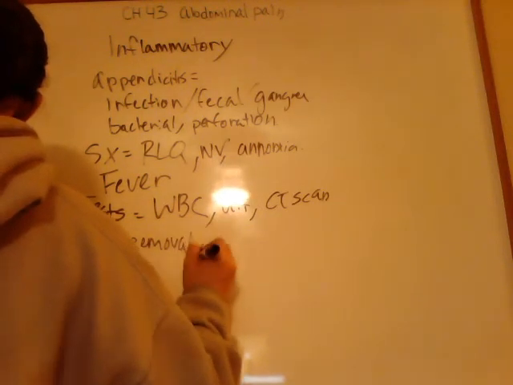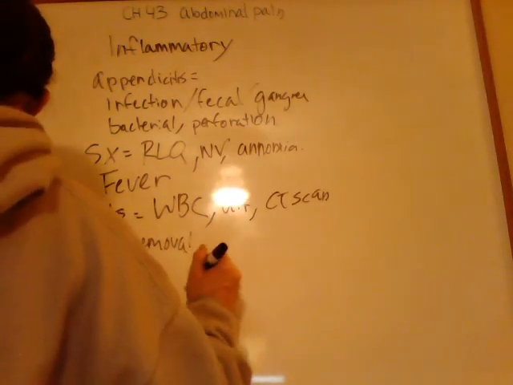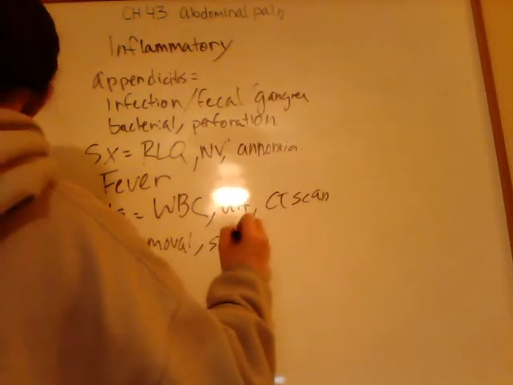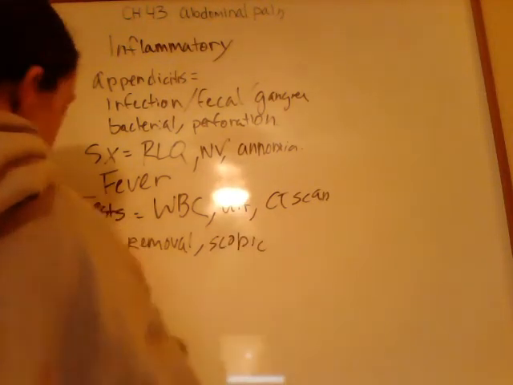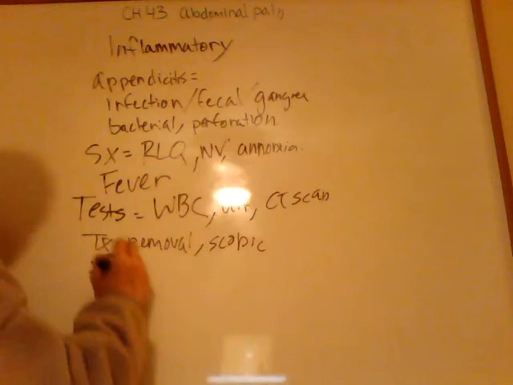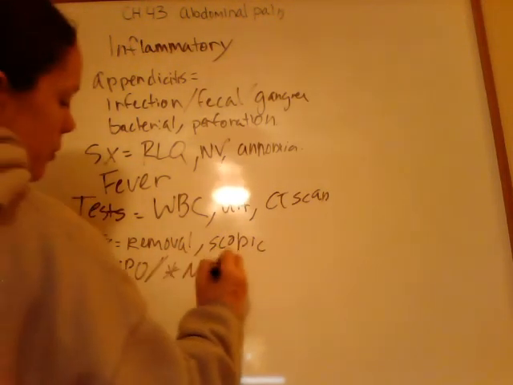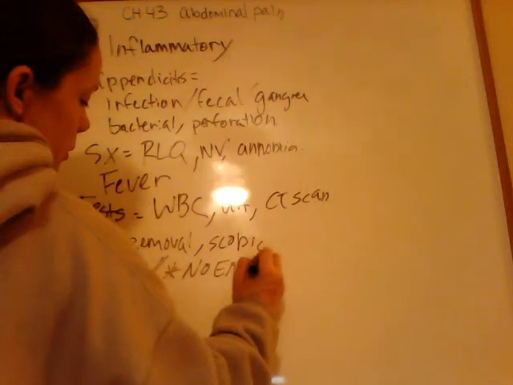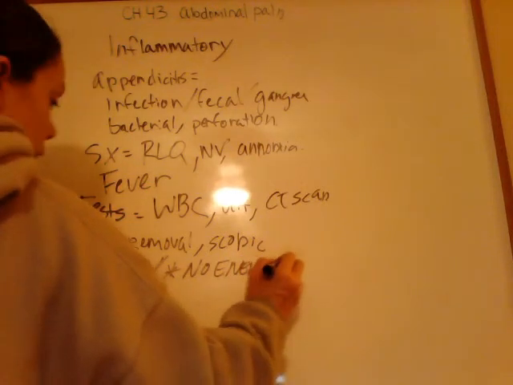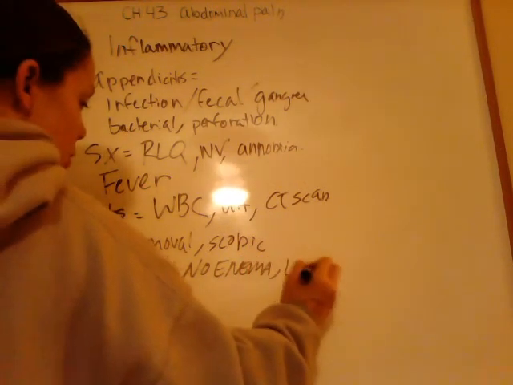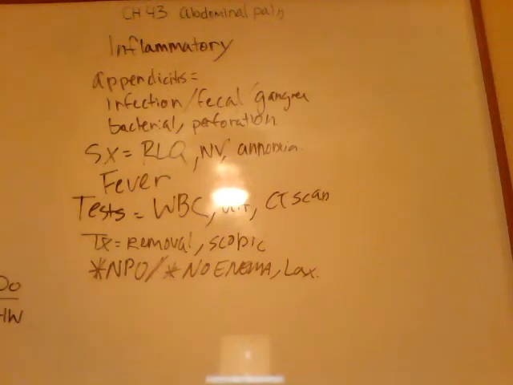Not really trying to hang on to those things. Appendectomy, you can do it laparoscopically. Keep the patient NPO. Especially here though, no enemas or laxatives. We are not trying to push anything. No enemas or laxatives.